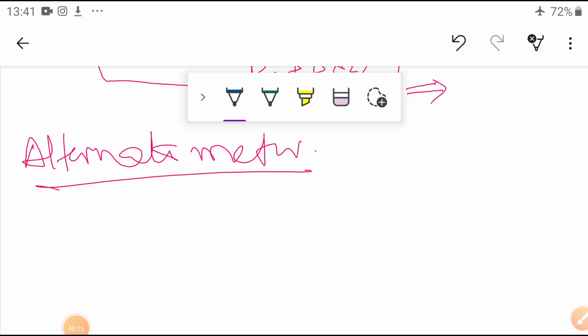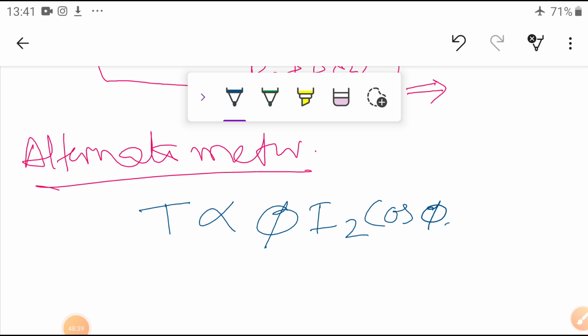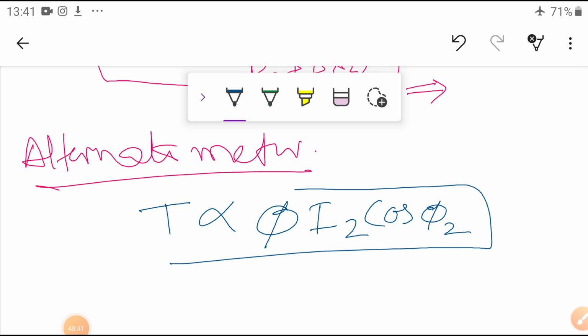Let us assume. We know from DC machines and synchronous machines that the torque is directly proportional to the flux, I2 and cos phi 2. So we know this basic formula: the torque is directly proportional to the flux, the current in the rotor, and the power factor between these two.